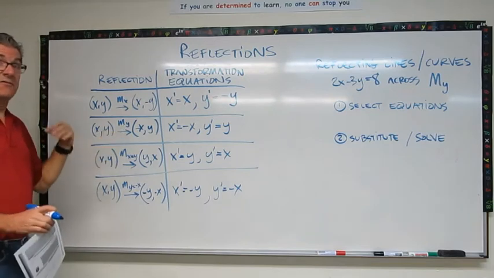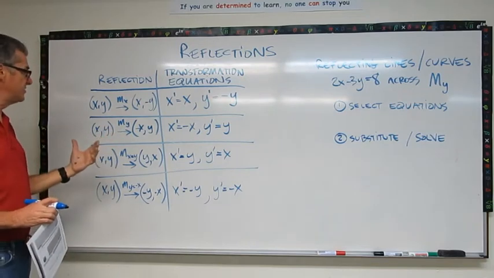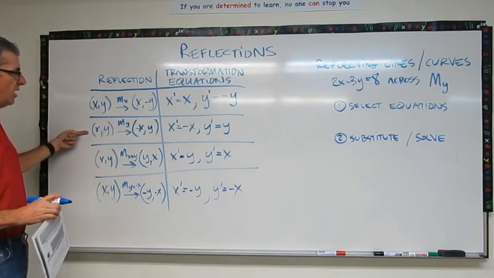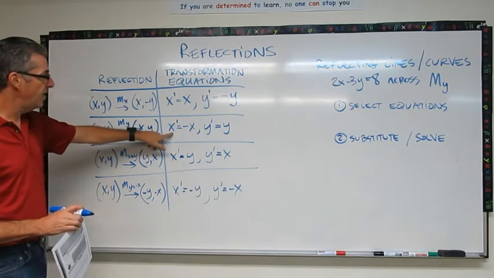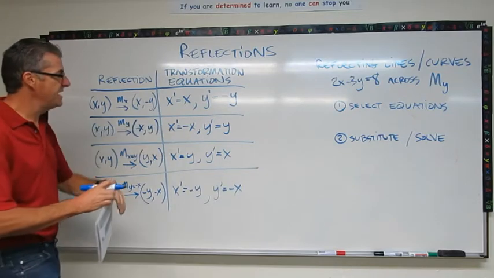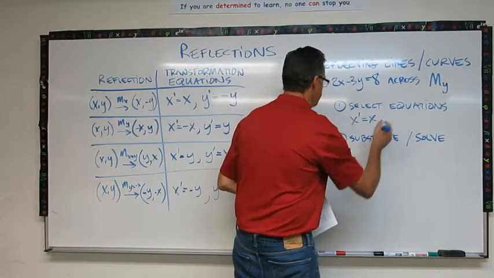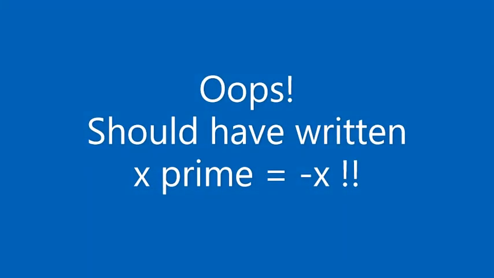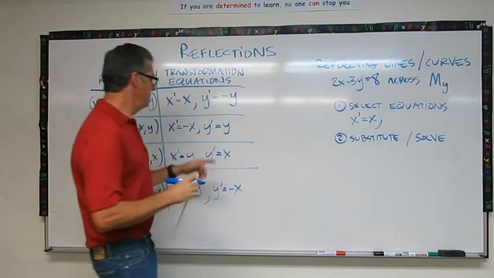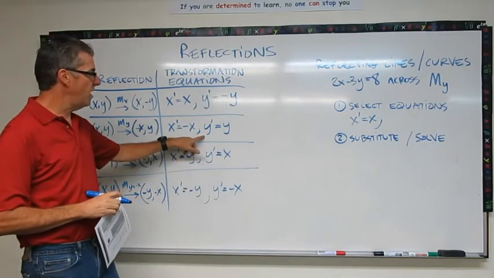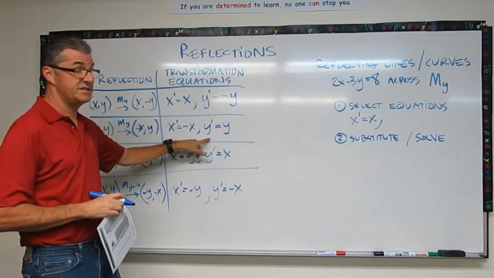Okay? So our first step is to figure out what our equations are. So we're going to use this row on the table. x prime, the new x, is going to be minus the old x. So x prime equals minus x. And then notice how when we reflect across the y-axis, the y term stays the same.